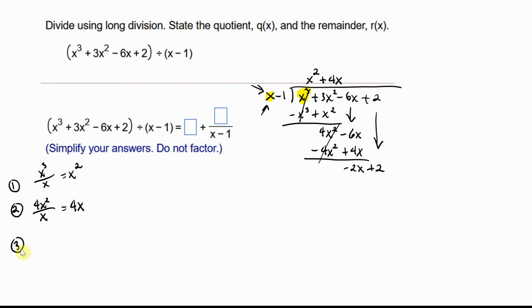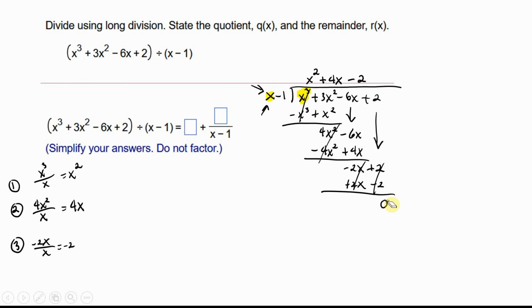So there, I divide the negative 2x by x. I get negative 2. I put the negative 2 here. Right? Negative 2 times x is negative 2x. Negative 2 times negative 1 is plus 2. Draw my line. Subtract. That becomes plus. This becomes minus. Add these.